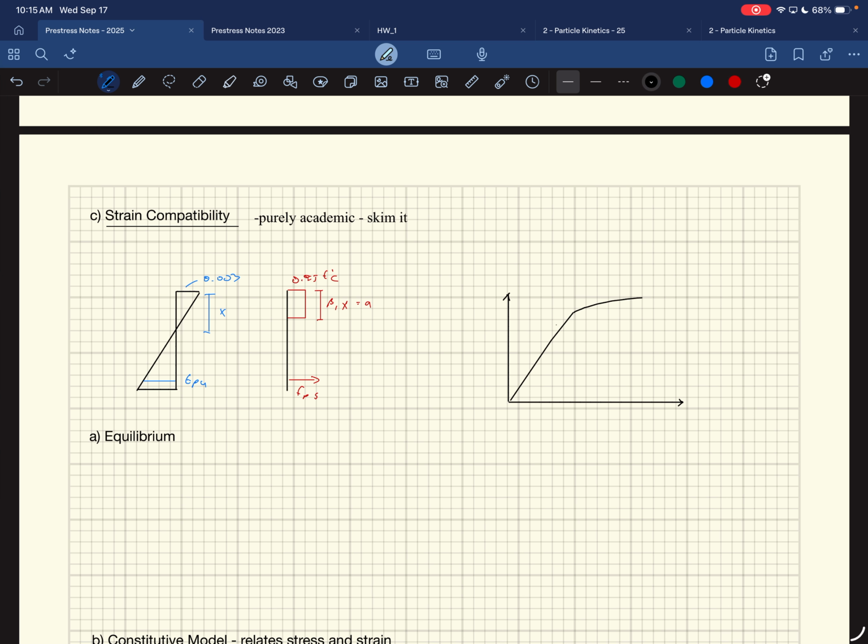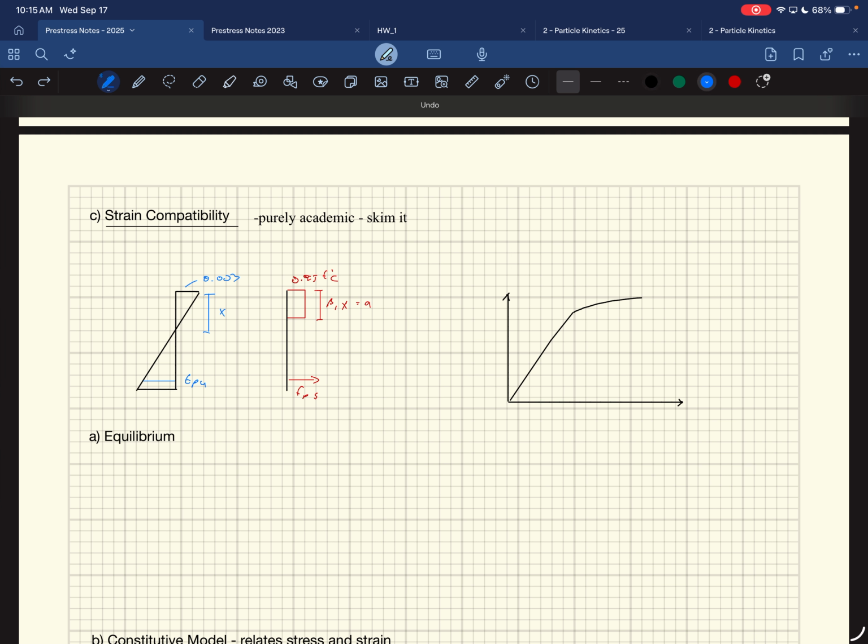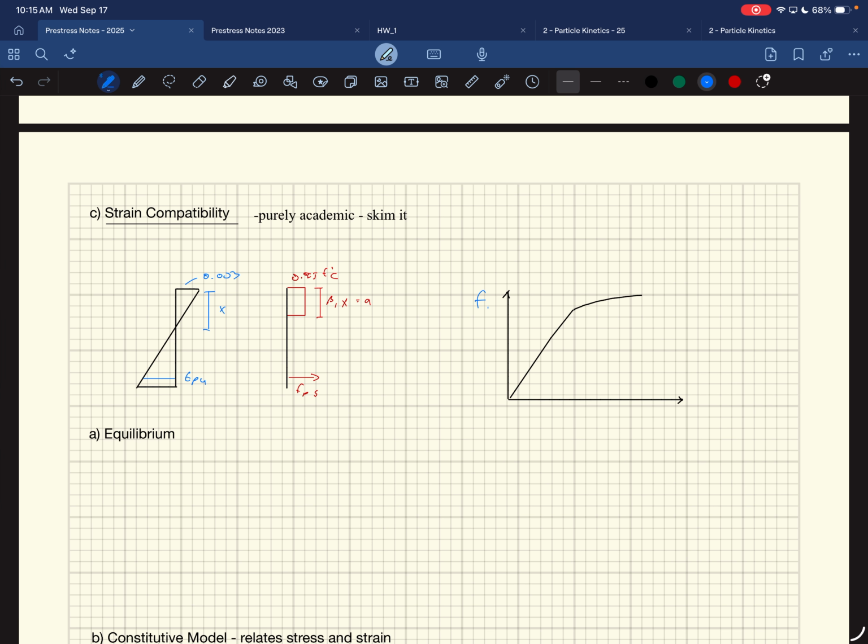So the steel starts out strained to begin with. This is our fps versus epsilon sub ps. It starts out, like I said, being strained already. We'll call that epsilon pe, that's elastic pre-stressing.